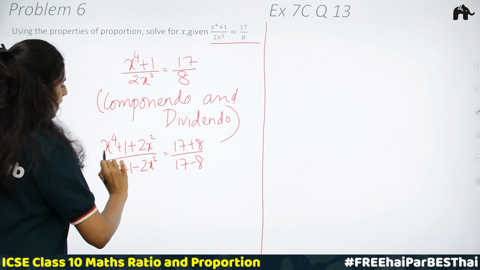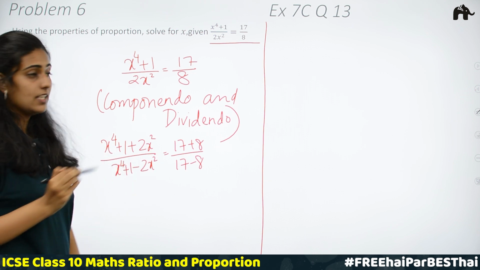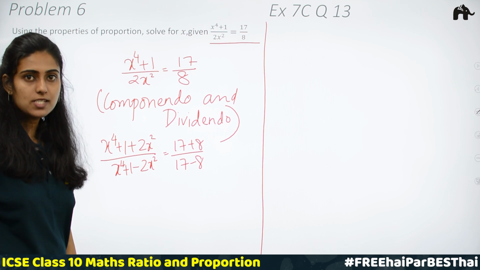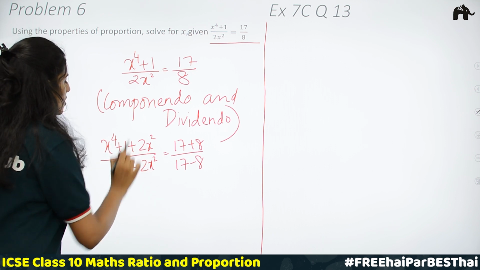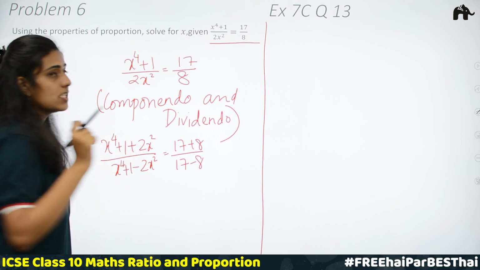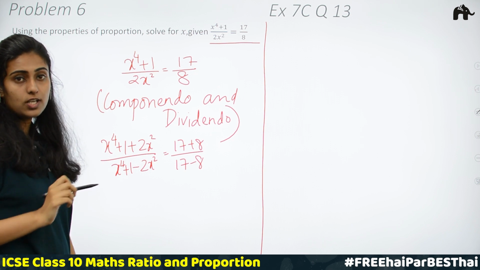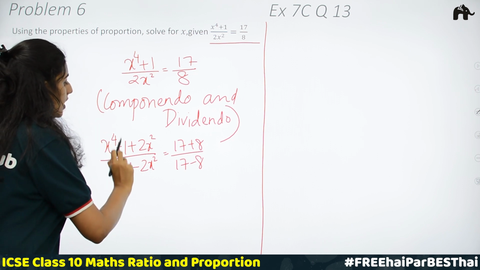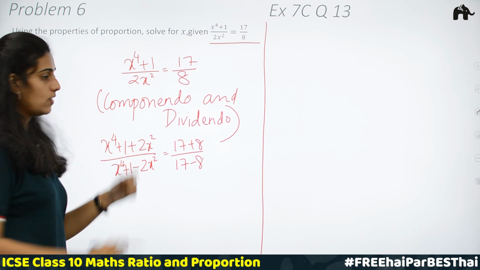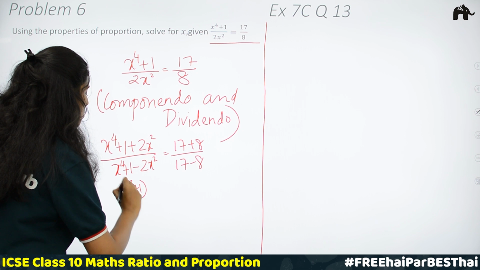Now, this is x raised to 4 plus 2x square plus 1. That is, we know a plus b whole square is equal to a square plus 2ab plus b square. In place of a, here we have x square. This is x square plus 1 whole square. x square square is x raised to 4. 2 into x square into 1 is 2x square. 1 square is 1. So, this can be written as x square plus 1 whole square.